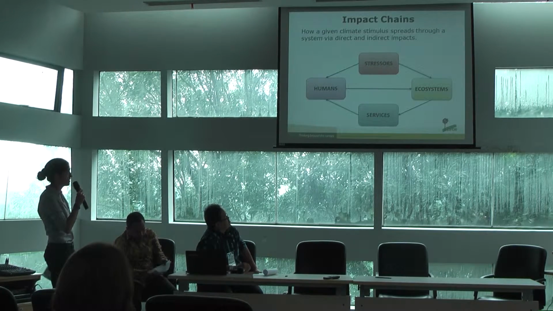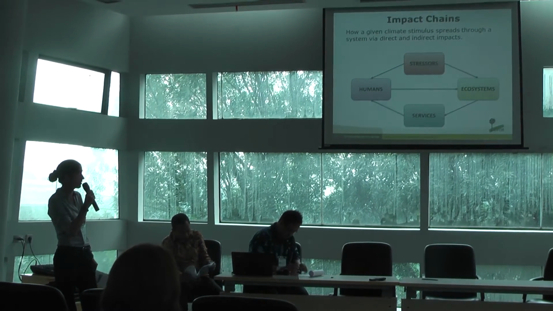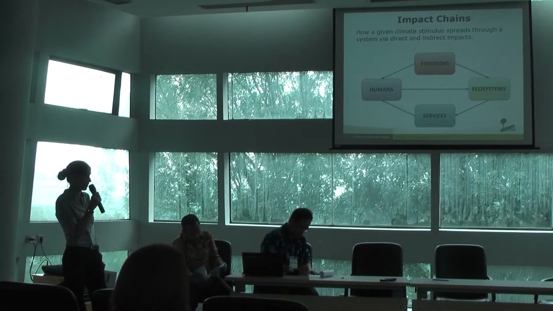What are impact chains? Impact chains is how a given climate stimulus spreads through the system via direct and indirect impacts.